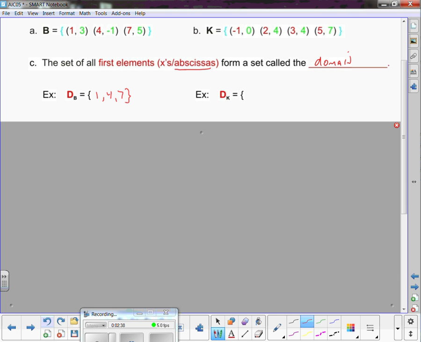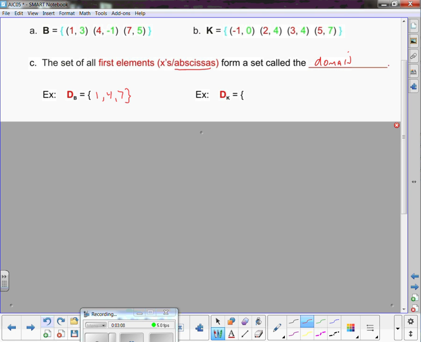So I provided the first brace, you provide the ending brace, and it's the set {1, 4, 7}. Remember, if there happens to be a repeat, we would not repeat the listing in the domain. If anything's listed more than once, you'd only list it once in your domain. In this case, they were not.